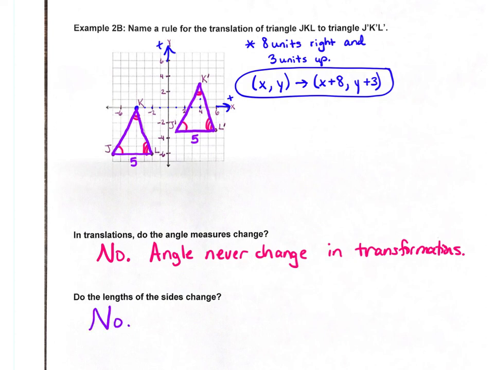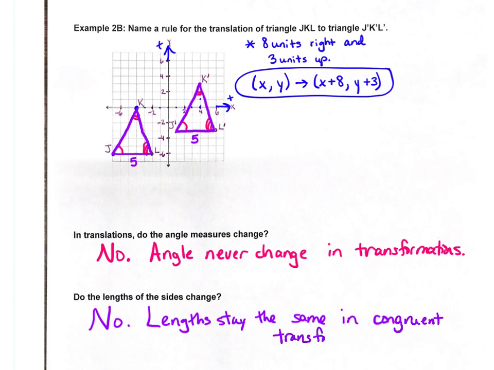No. Lengths stay the same in congruent transformations. The only type of transformation where the side lengths change would be a dilation.